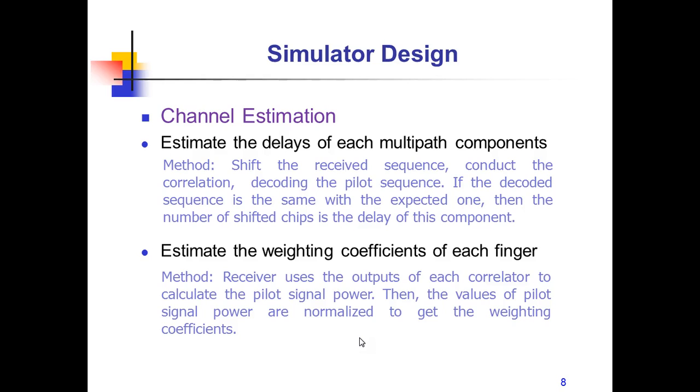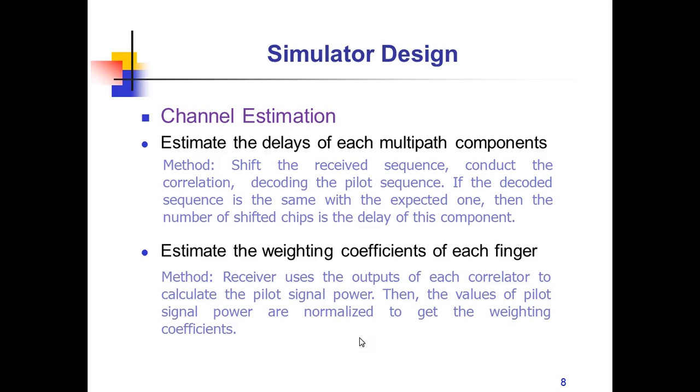Every time the received signal is shifted by one chip, and we conduct the correlation. If there exists a significant peak, the number of shifted chips is the delay of this component. Because of the orthogonality, the peaks will exist only when the signal is delayed by the right number of chips.